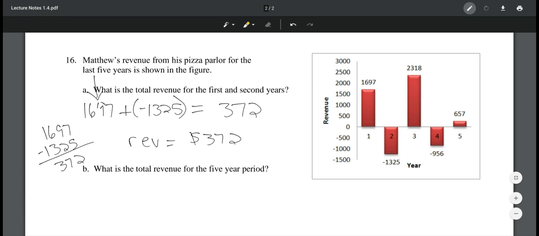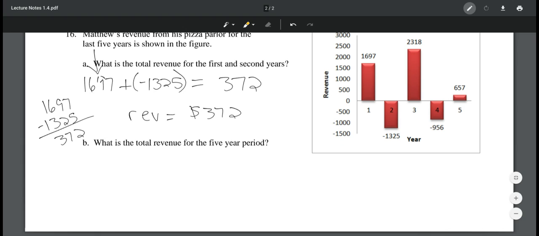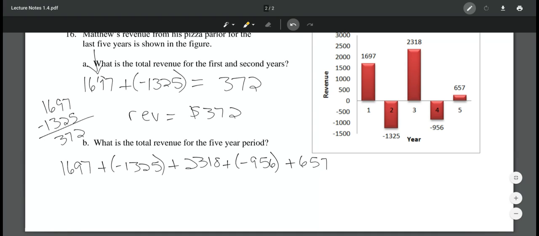Now, the second part and the final question for this lesson wants to know what the revenue is for the 5-year period. So we're going to take our 1,697, we're going to add our negative 1,325 for the second year. We will add our 2,318 for the third. We will add our negative 956 for the fourth, and then add 657.